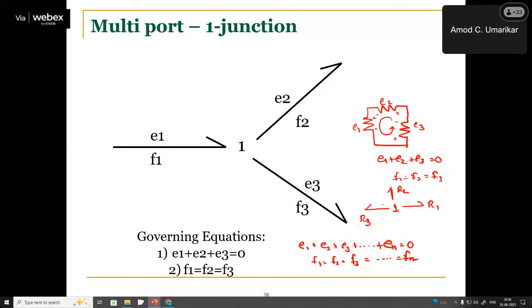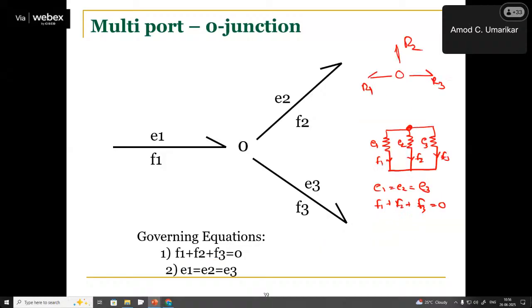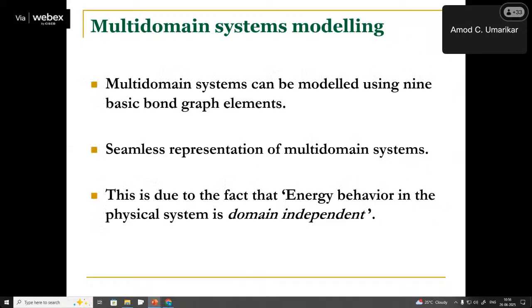There can be n number of bonds, depending on what model we have and how the energy flows. You can see that the flow is the same in this connection and effort is the same in that connection. It depends on how you model the system and what effects you observe. So these are the 9 basic elements with which we can model a multi-domain system.